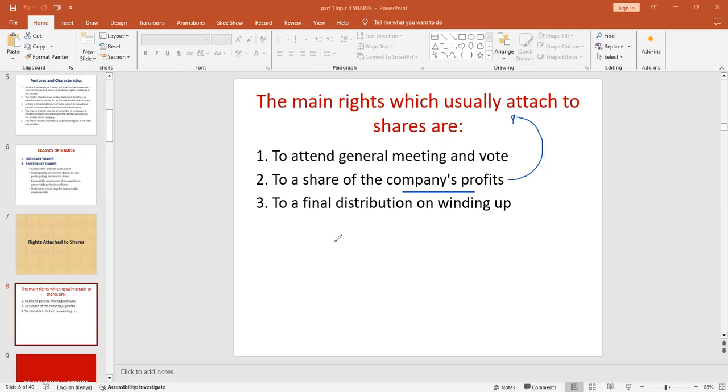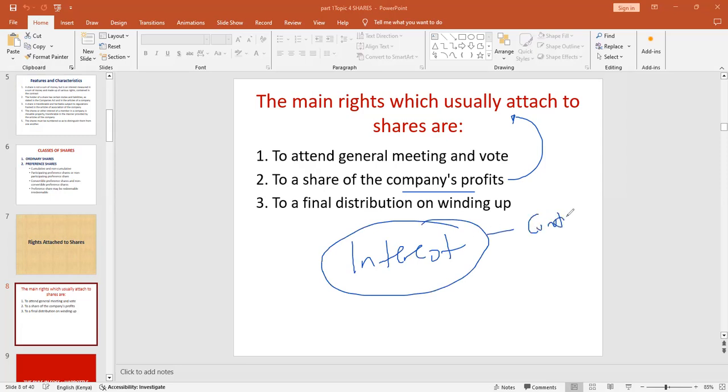So if you're thinking, if I'm not going to get dividends, what is the point of owning shares? Remember, as we said, shares are a reflection of your interest. And your interest might not be short-term. Your interest might be to control the company. So you could buy shares because of control.